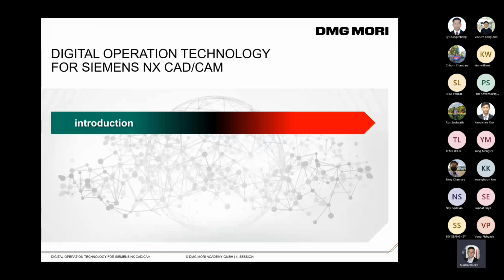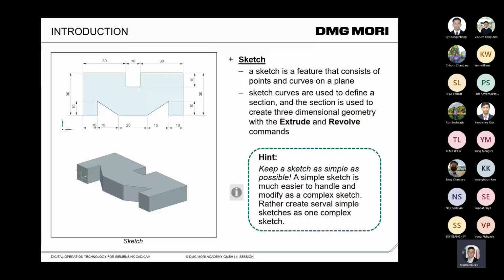I would like to do a small introduction into the topic of sketch mode. I know you already know what is a sketch, but here you get a small description of a sketch. So what is a sketch? A sketch is a feature that consists of points and curves on one plane.